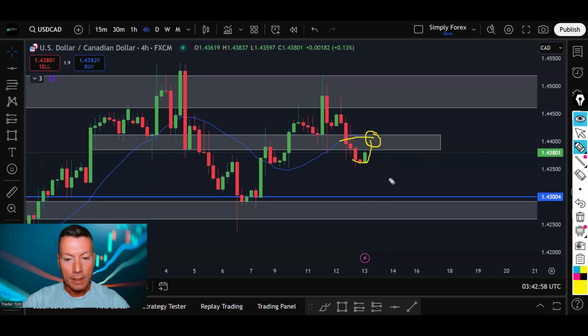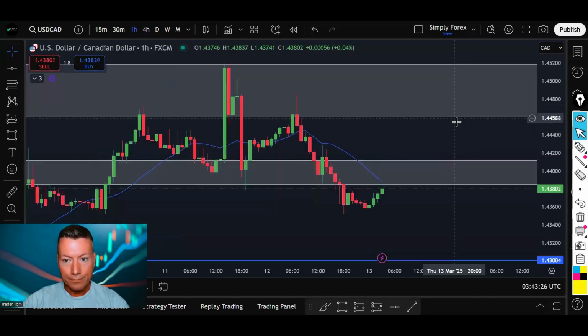Somewhere in here, if I get a bearish reaction, and I'm waiting for that reaction because I want to see sellers take control of the market, then we can start selling US dollar Canadian dollar back down to these lows.